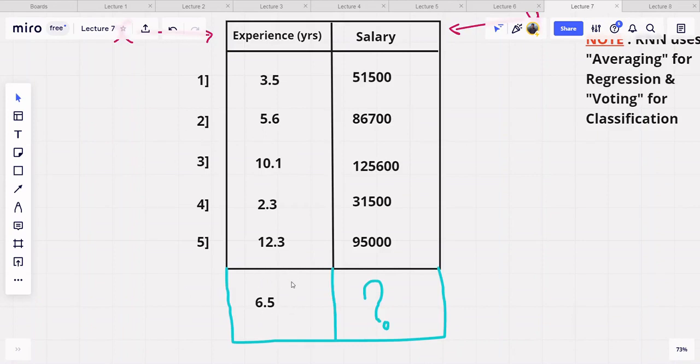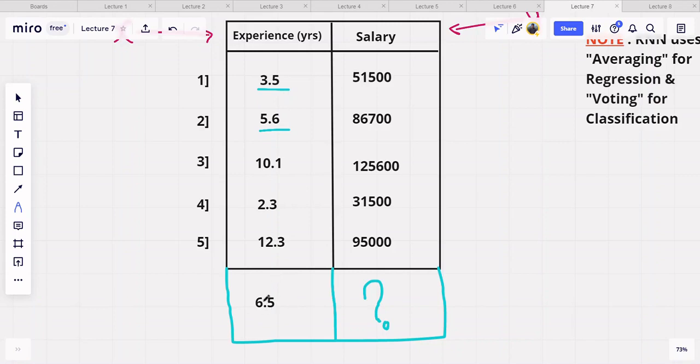In our example, the value closest to 6.5 would be 5.6, and another close value would be 3.5.